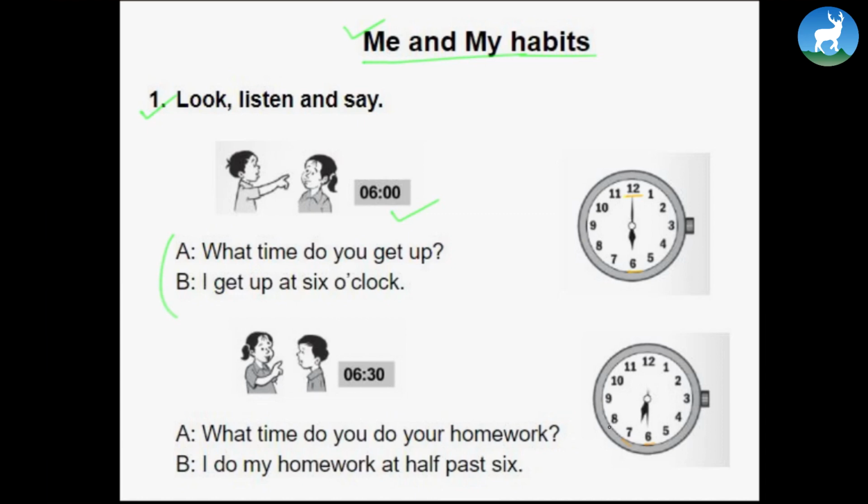So it's 6:30. And the question is, what time do you do your homework? I do my homework at 6:30. Repeat after me, please. What time do you do your homework? I do my homework at 6:30.